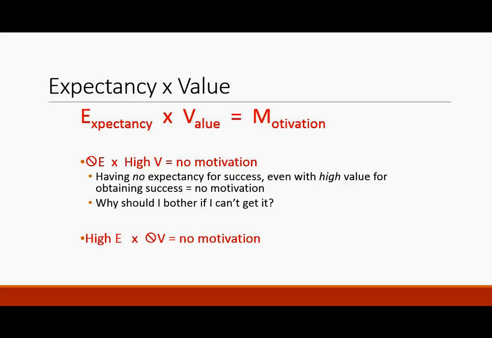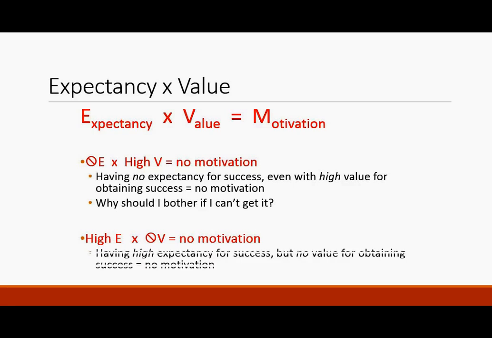In contrast, if I believe I can do it, but I just don't care, I don't value it at all, I will not be motivated to perform the task. Having high expectancy for success, but no value for obtaining success, leads to no motivation. I could get it, but why should I bother if I don't want it?